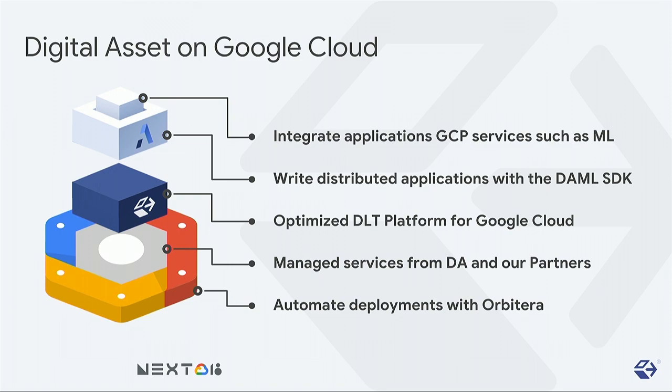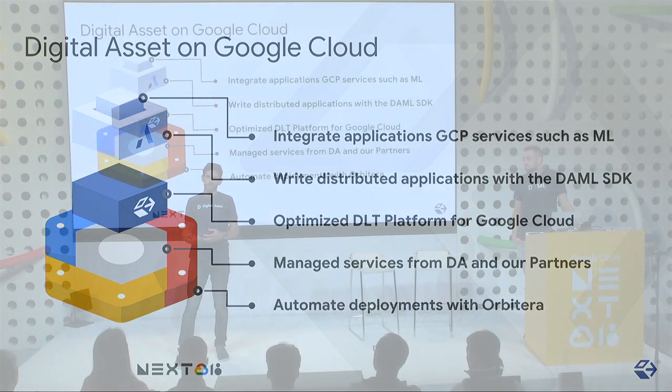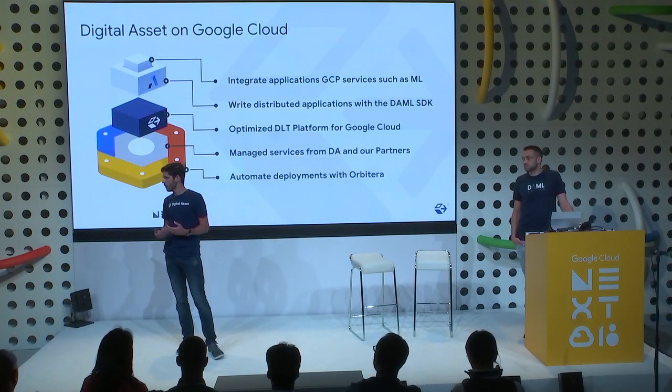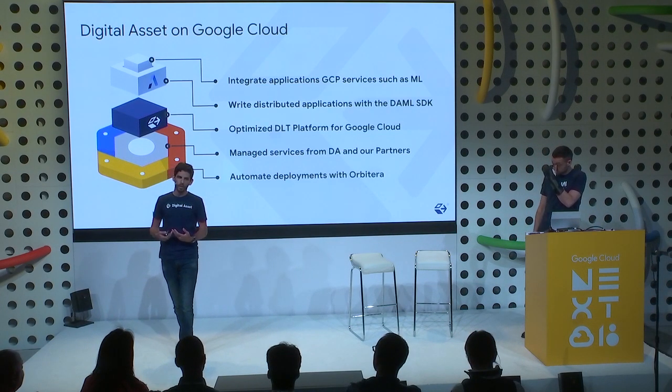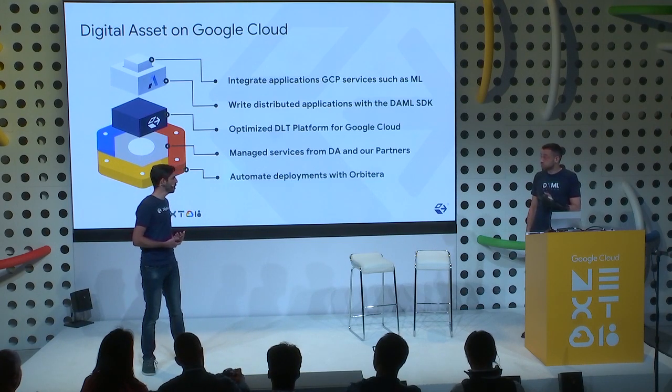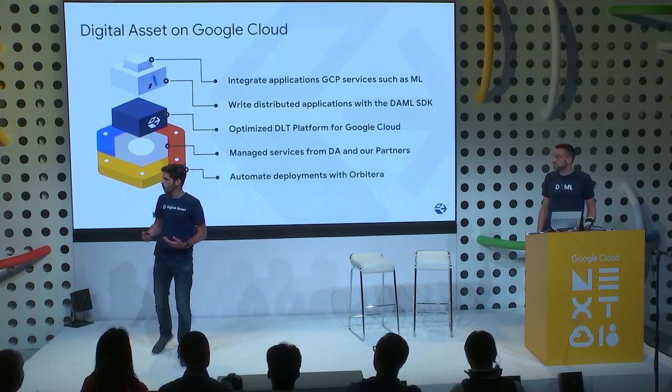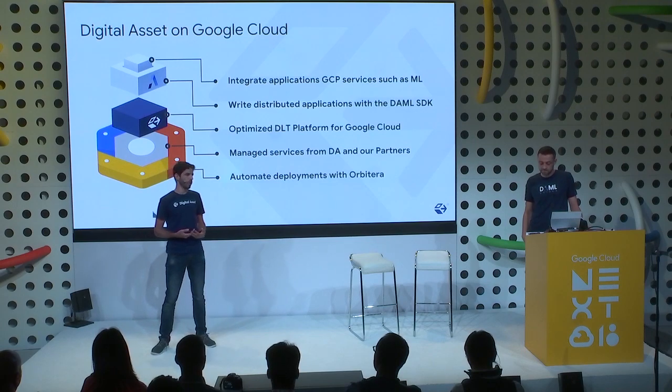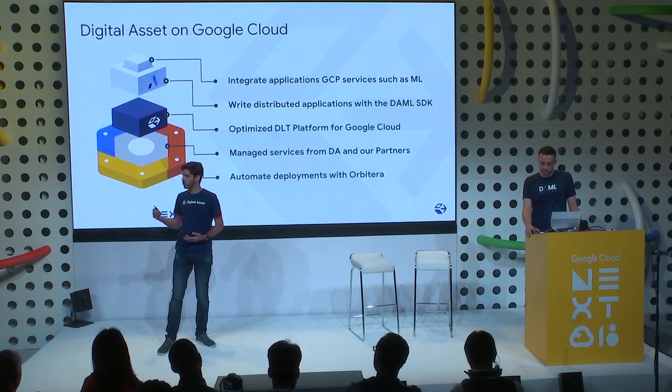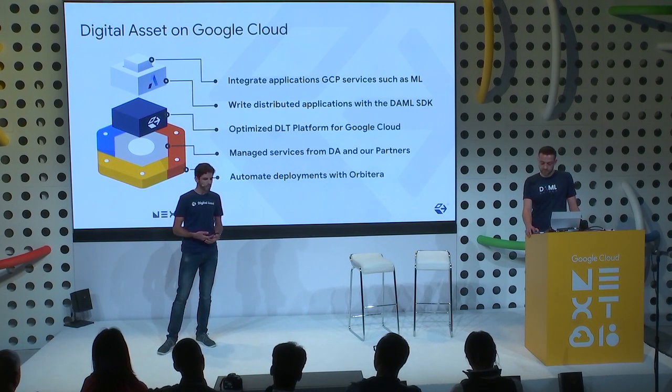But just to give a sense, many of the workflows in the financial world that we're working with need data analysis, need risk analysis, and many types of optimizations. And those are things that we believe will really be able to leverage machine learning and, for example, infrastructure such as TensorFlow to build very, very efficient applications that connect into a distributed ledger.